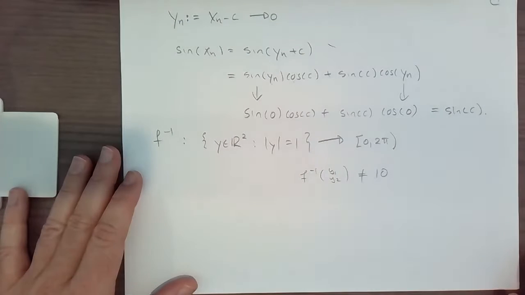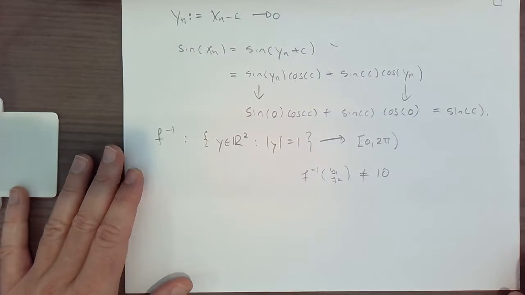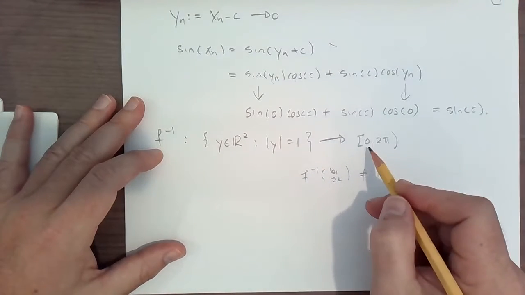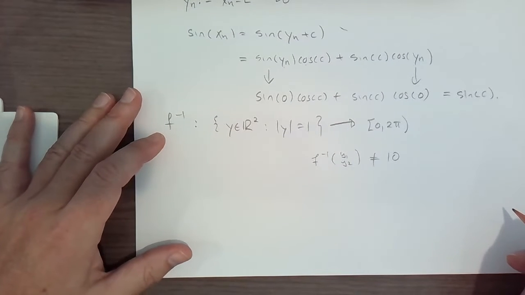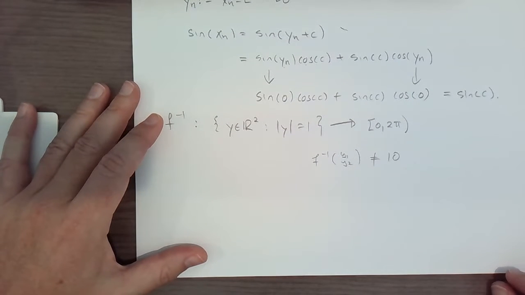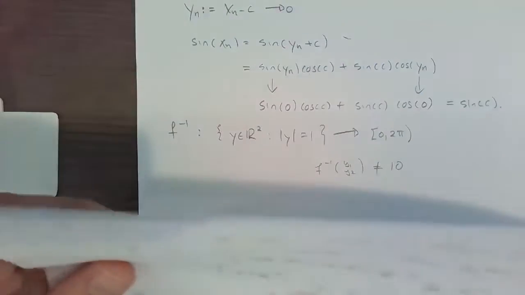This is too big. You can't do that. Right, so the range here is going to be 0 to 2 pi.